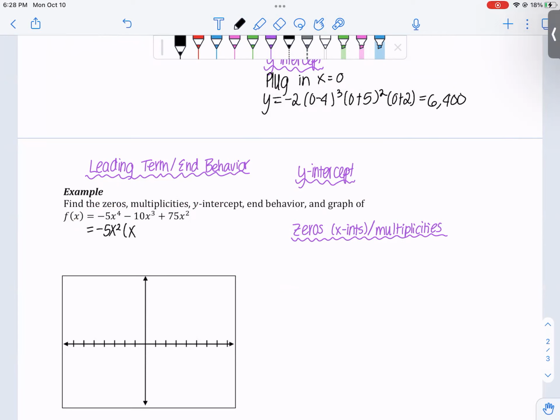When I do, I get x squared plus 2x minus 15. And that quadratic factors into x plus 5 times x minus 3. That gives us the zeros 0, negative 5, and positive 3.